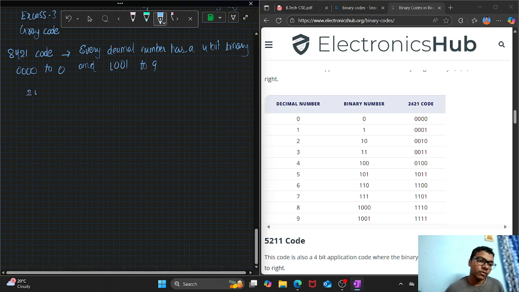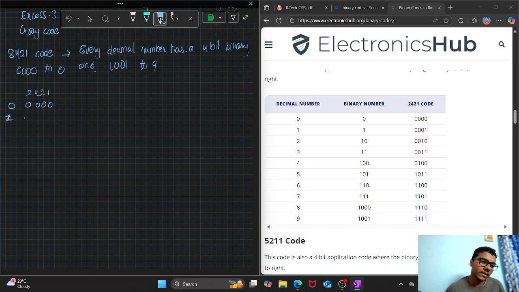And 2421 code for 0, that is going to be zeros, and for 1 it is going to be 0001. For 2 it is going to be 0010, and for 3 0011, and 4 it will be 0100, and for 5 it will be what? 4 plus 1, right? 0101.